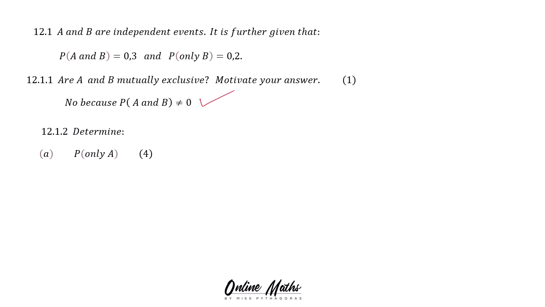Number 2 says we must determine the probability only A. Now I'm going to explain this using a Venn diagram. Say for instance this is our Venn diagram, this is A and this is B. Then P, A and B is 0,3.